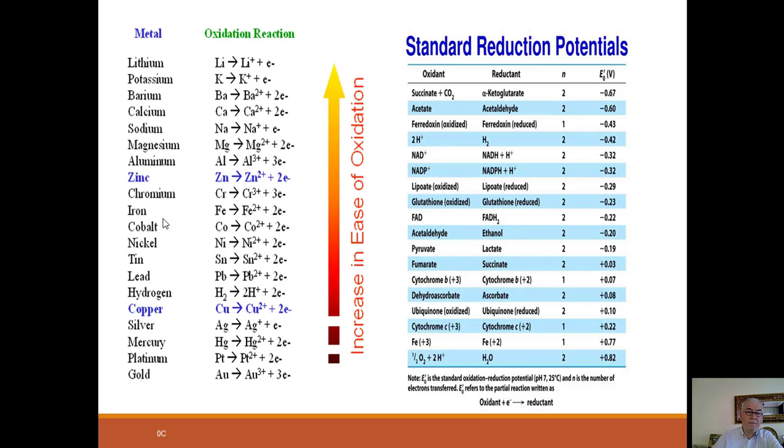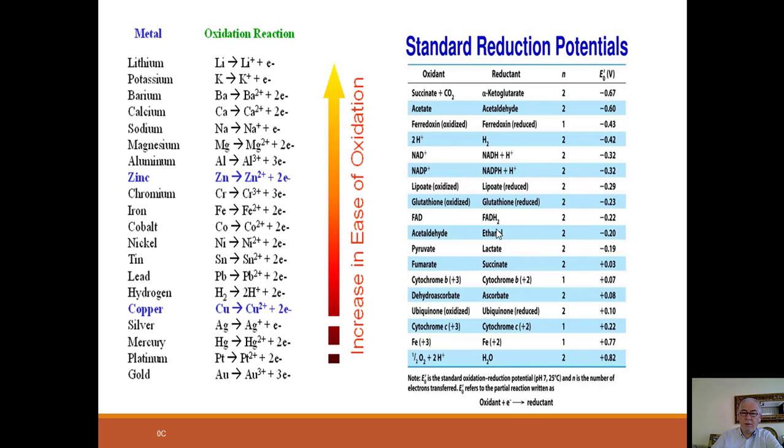of ability. And also, when we check the standard reduction potential of electron transport chain components, for example, NAD, NADH, NADPH, FAD, FADH, also cytochrome b, a, and c, and cytochrome c have different reduction potentials.